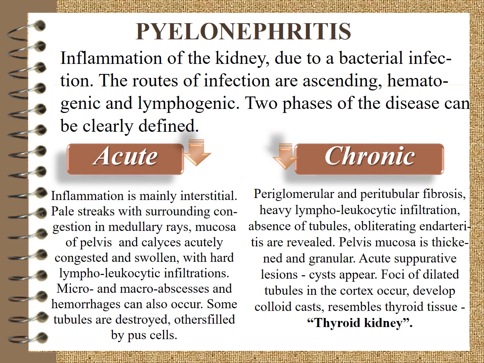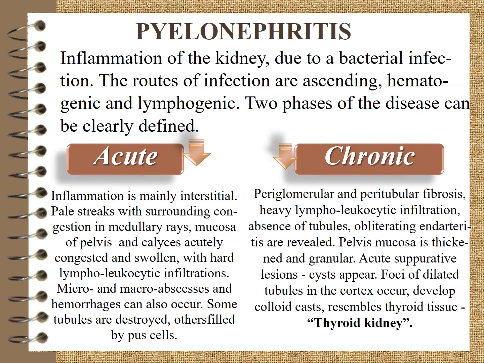Macro and micro abscesses and hemorrhages can also occur. Some tubules are destroyed, others filled by pus cells. Large numbers of bacteria are found in the urine, pyuria, several hundred thousand per milliliter in the acute phase.